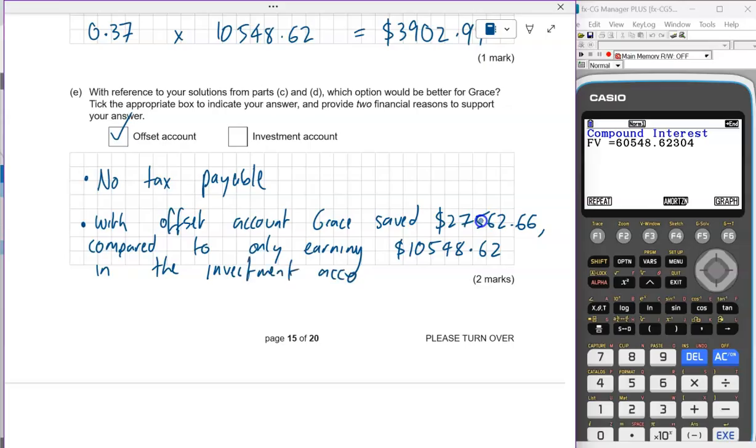Which, remember, also reduced after she had to pay tax anyway.